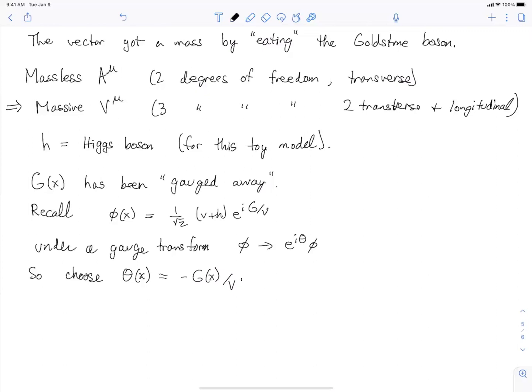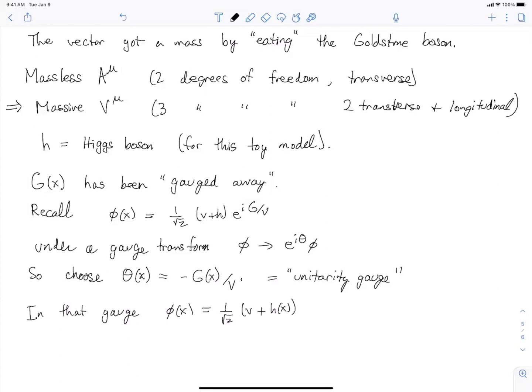Nothing can stop you from doing that because of the fact that your symmetry parameter theta can depend on position. You can just choose it to be equal to minus the field divided by v. This is known as going to unitarity gauge. That's just the name of this particular gauge where you choose theta in that way. Okay, and in that gauge, now you understand why there's no G anymore, because phi is just equal to 1 over square root of 2 times v plus h of x.